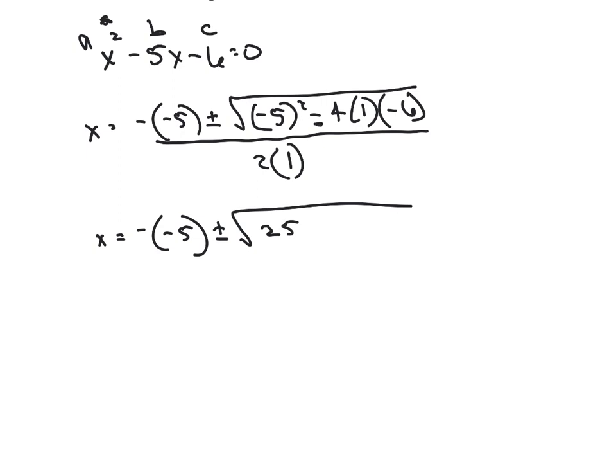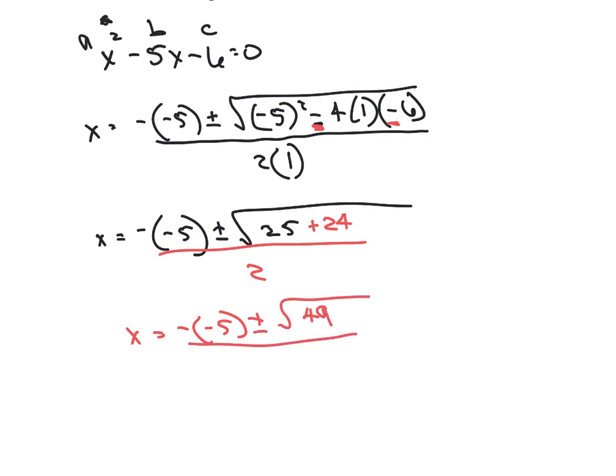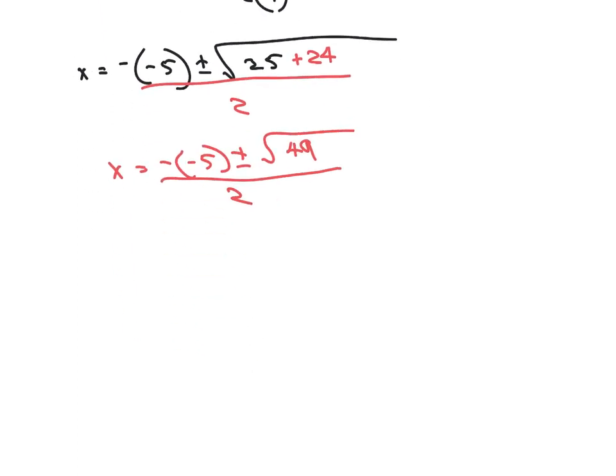A minus sign, a minus sign here and a minus sign here means this is going to be plus 24 all over 2. And we're going to continue on. 49 all over 2.